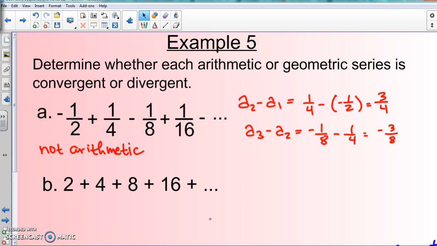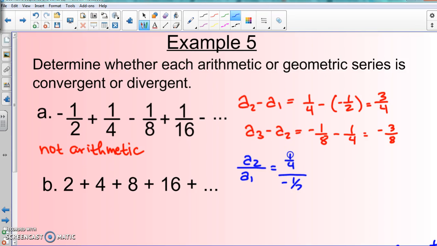Continuing on, we know it's not arithmetic, so hopefully it's geometric. So for geometric, let's divide them. So A2 divided by A1. And so here we do 1/4 divided by negative 1/2. Keep, change, flip.